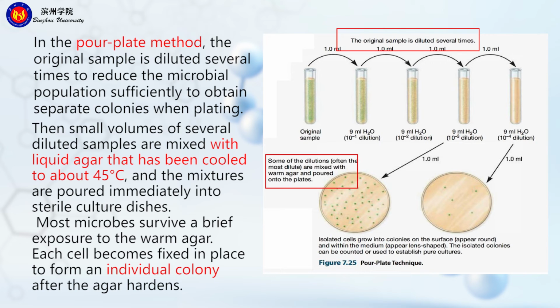You can see the isolated cells grow into colonies. On the surface they appear round, and within the media they appear lens-shaped. The isolated colonies can be counted or used to establish pure cultures.